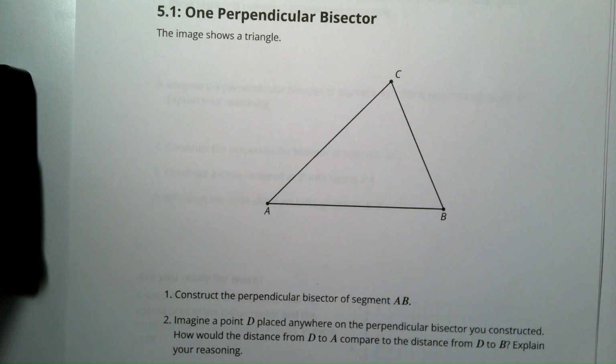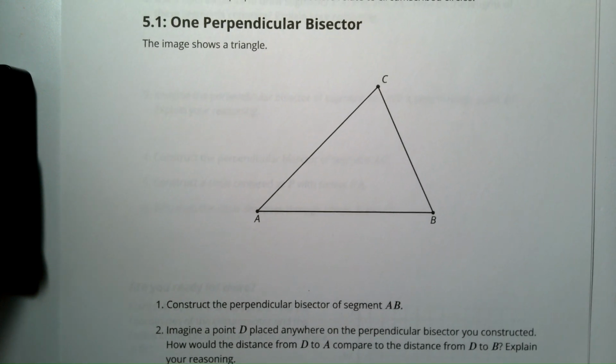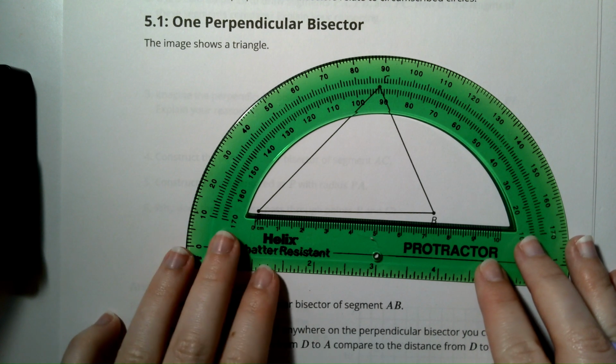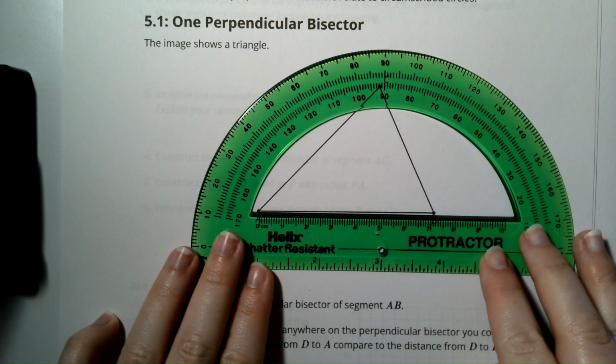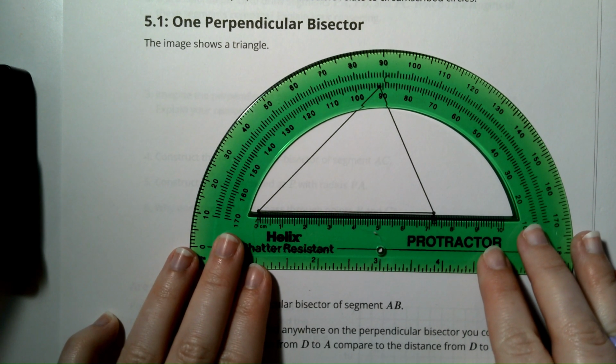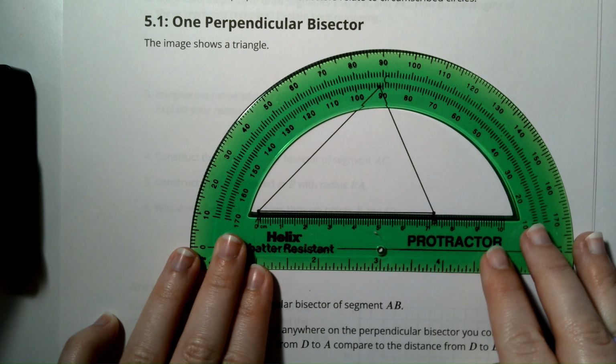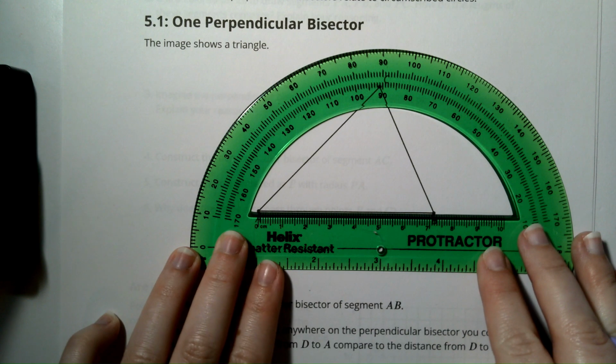So that's going to be the perpendicular bisector. If I want to construct it, we're just going to take our ruler. I'm going to use my protractor as a ruler here. It looks like that's right about 7.25 maybe centimeters.